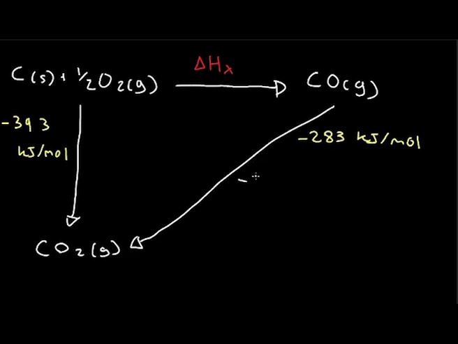where negative 393 equals delta Hx plus negative 283. Let's rewrite this equation, leaving delta Hx on the left as the following.